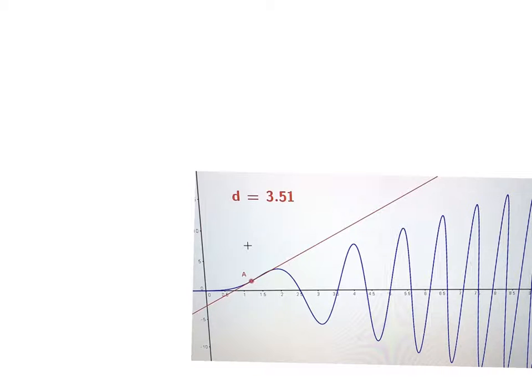Now we start with a small video changing the position of A. Now A is close to the maximum point. There is one specific value of the position of A along the x-axis that will give d equal to 0. This is being calculated, and here we are, d equal to 0.